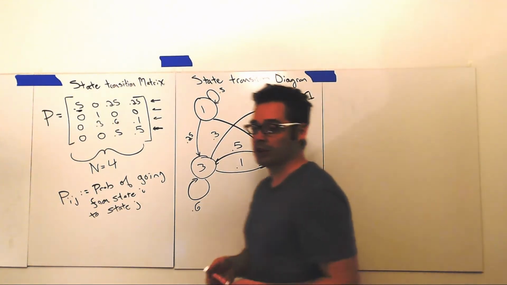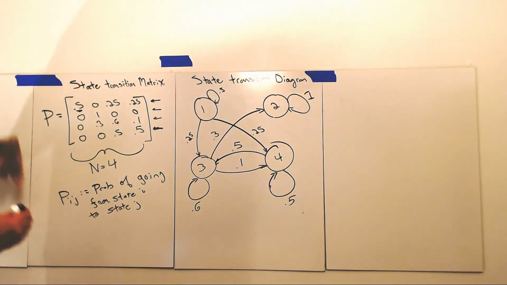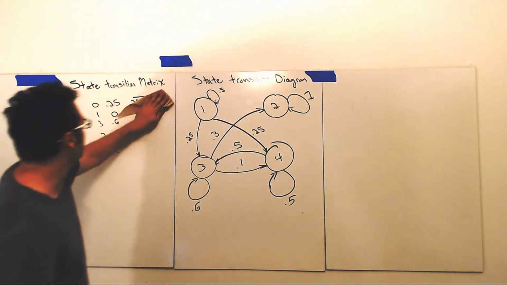You should feel very comfortable going back and forth between these two. So I'll quickly do another example, but if you feel like you got it, you can go ahead and skip.